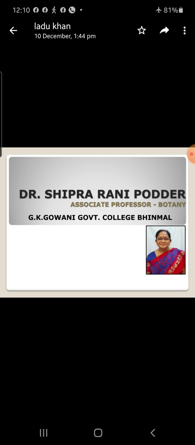The embryo sac consists of 7 antipodals, 3 egg apparatus and 2 central cell, that is the 7 plus 3 plus 2 arrangement. The additional 3 diploid nuclei present in the antipodal region are called additional antipodals.